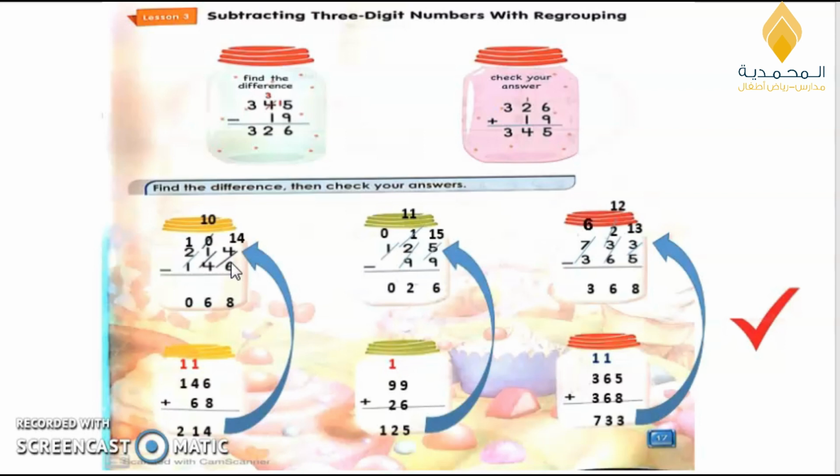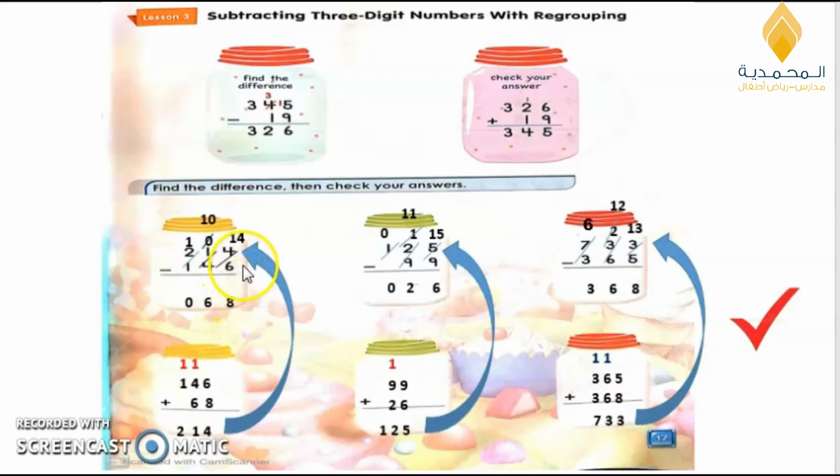Borrowing is regrouping, okay? So regrouping is the same as borrowing. So when we take 1 from 1, it will become 0, right? Then put 1 beside the 4, it will be 14. Then go ahead and subtract the ones. 14 minus 6 is, good job, 8.